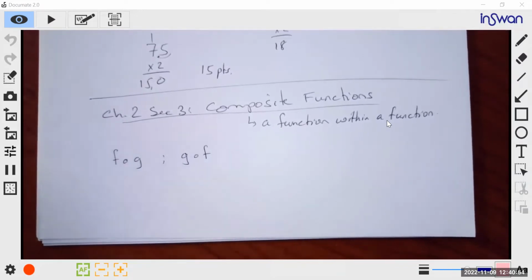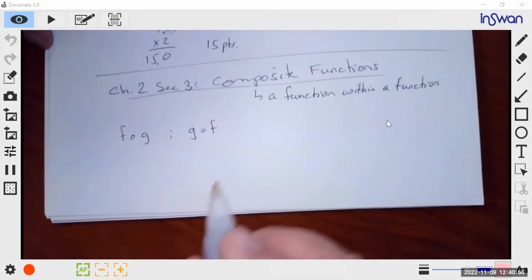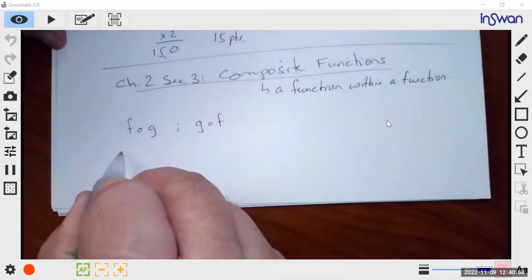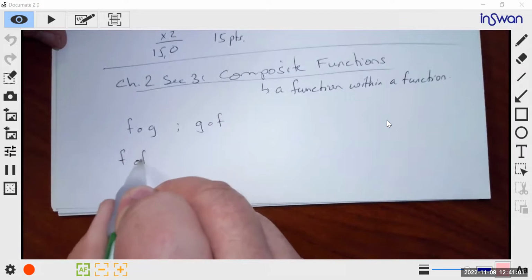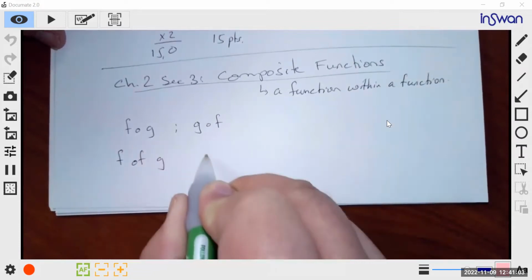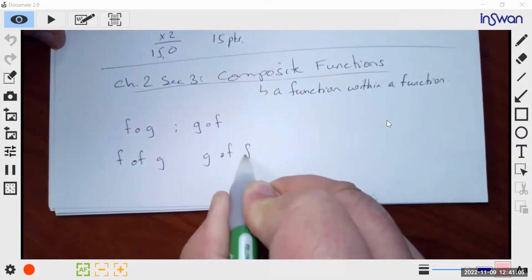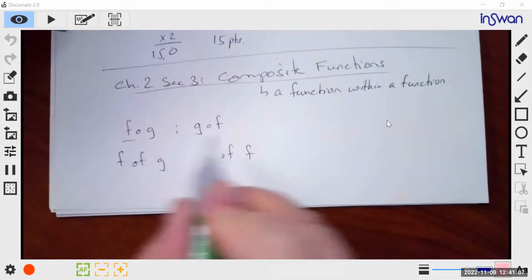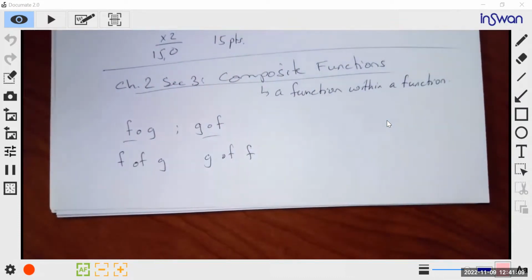So what this means is f of g or g of f. Whenever you hear people talk about fog and Goff, that's what they're talking about. It means one function's inside another function.